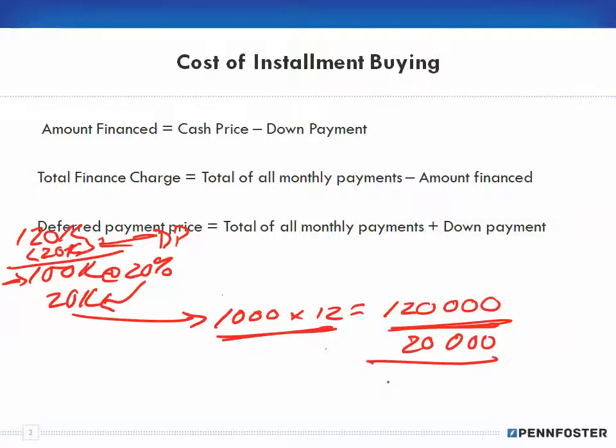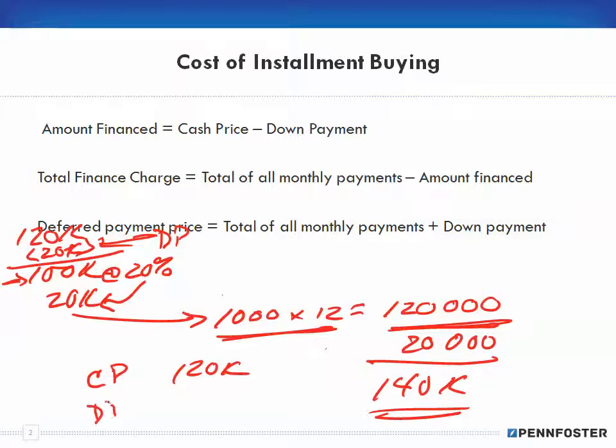So my total deferred price is $140,000. Remember, the cash price was 120,000, but because of the interest, the finance charge of $20,000, the total amount we end up paying is 140,000.